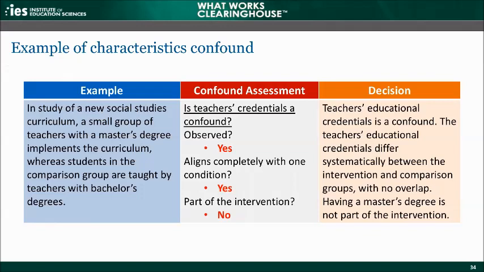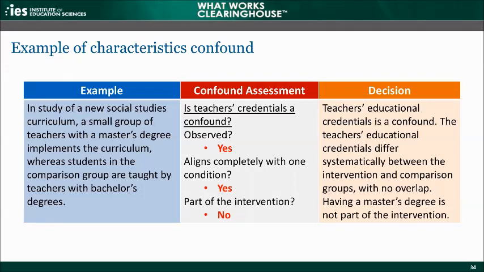Before we move on, I'd like to emphasize 2 points. One is that for a characteristic to be considered a confound, we should expect it to affect the outcome. So our assumption in this example is that teachers' master's degrees could affect the study's outcomes. The second point is that the characteristic in question should not be part of the intervention.